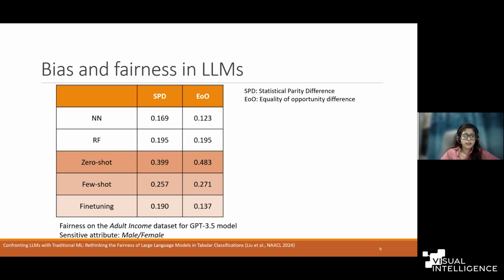But as we can see, the zero shot prompting of GPT 3.5 led to a very high increase in both of these metrics. The fine tuning and few shot prompting of the model decreased the bias a bit. So that means the bias was actually coming from the pre-training data of GPT 3.5.